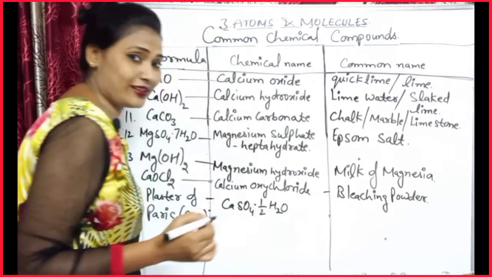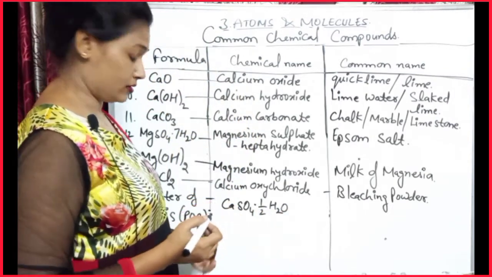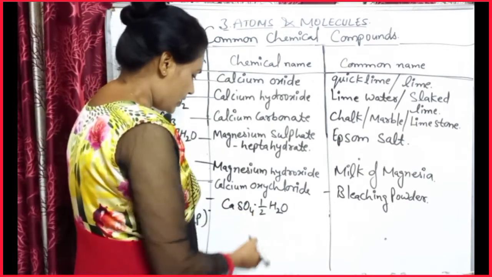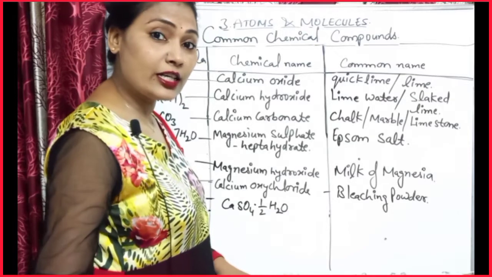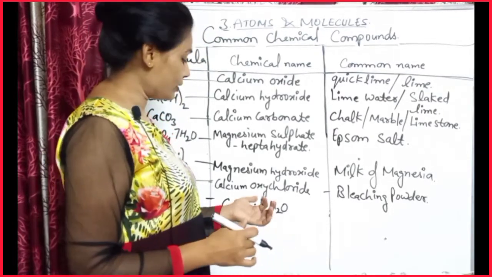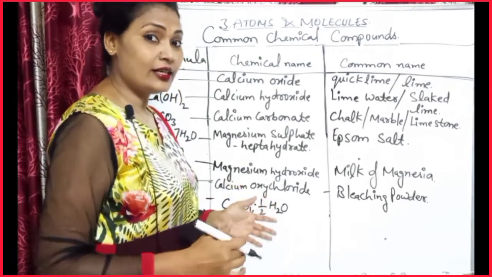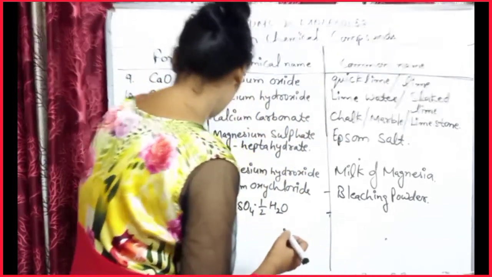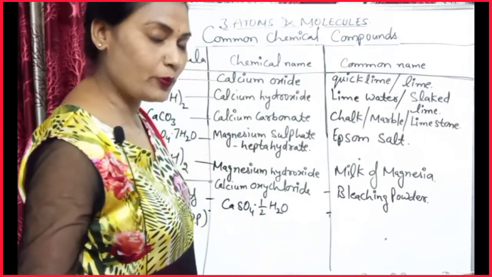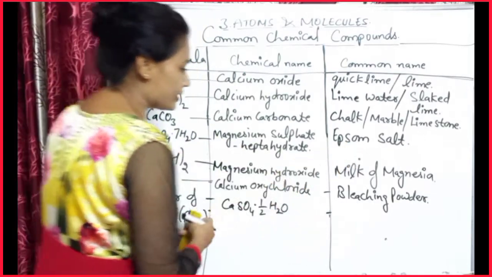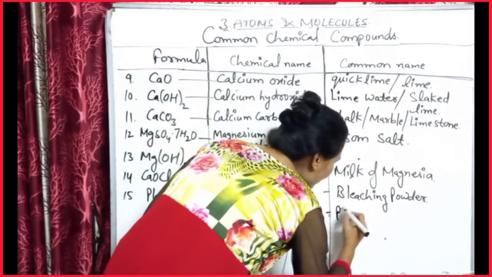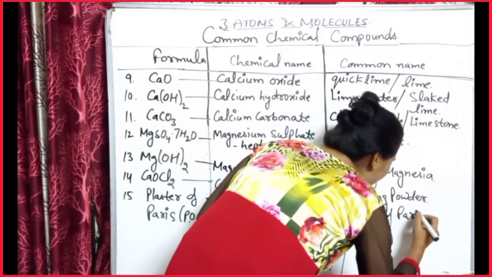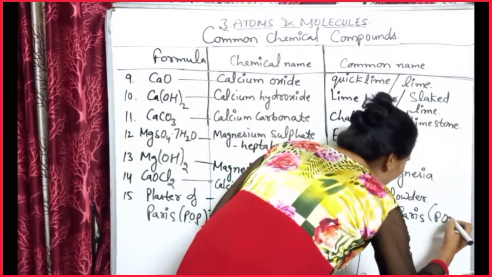It is in crystalline form, so a crystalline white powder will be there. This is the white powder. Its name is calcium sulfate hemihydrate, or hemihydrated calcium sulfate. So you can write calcium sulfate hemihydrated. Here we have written POP. POP is the common name, so we'll write here common name is plaster of Paris.